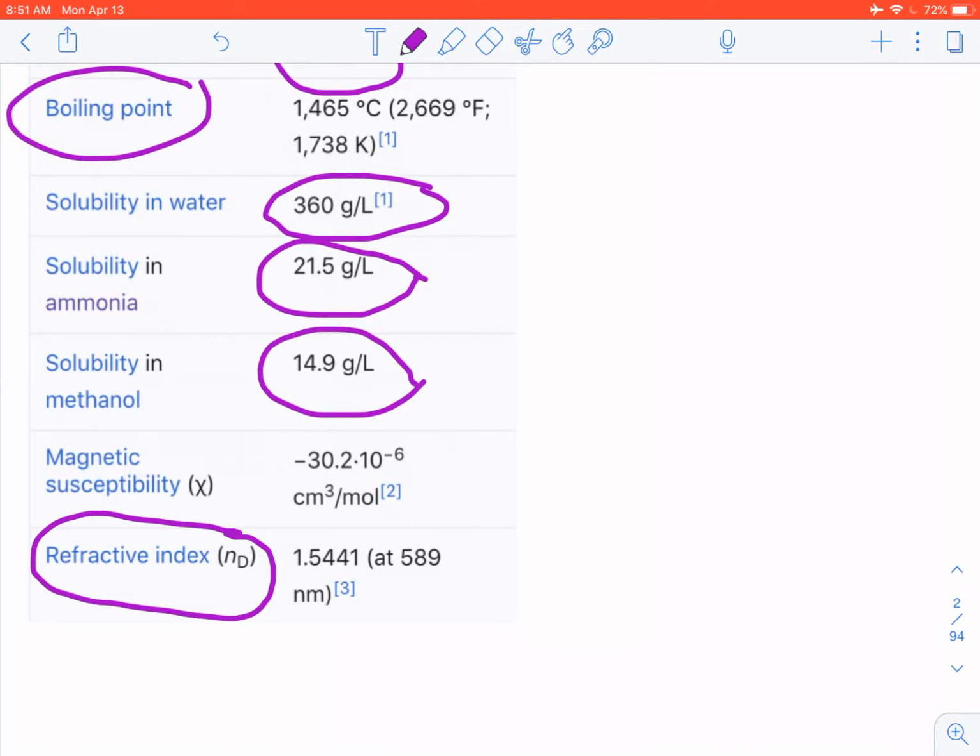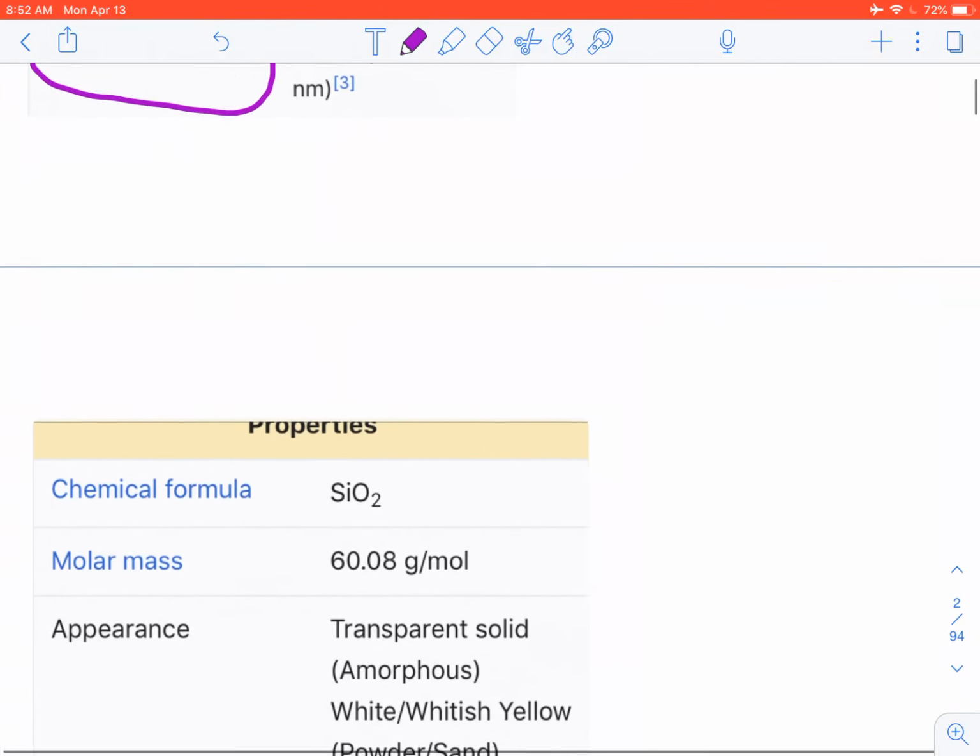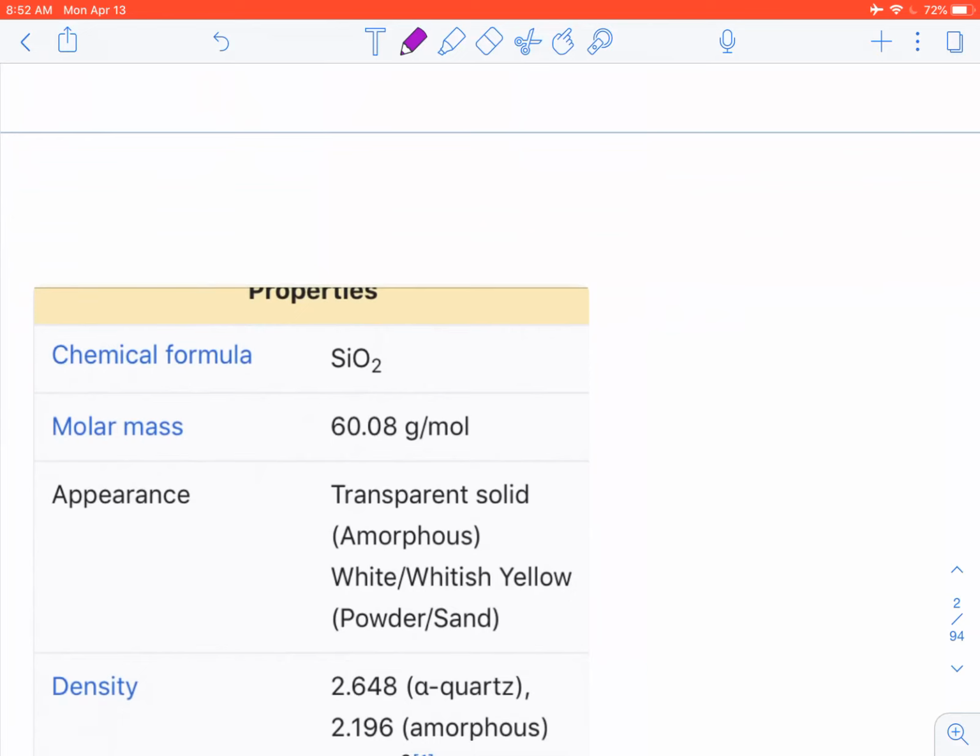It gives you an indicative measure of the bending of a ray of light when moving from air into the sample of which you want to determine the refractive index. Let's go to the next one. Silicon dioxide, we did that as well, gives you an indication of its properties.